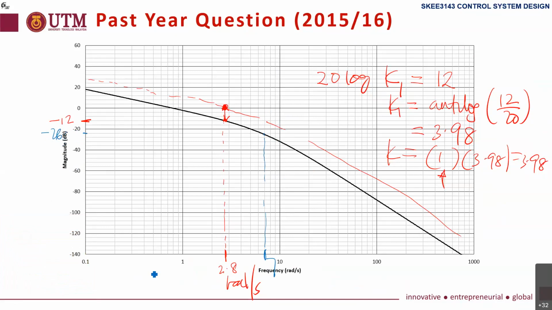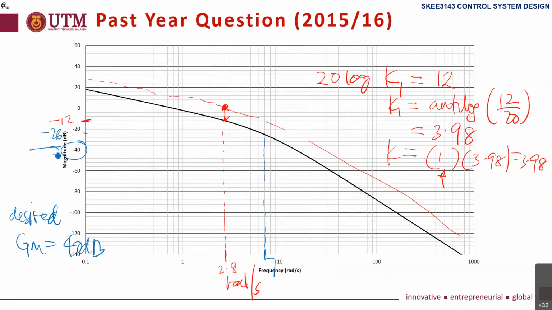We want to make the gain margin 40 dB. Desired gain margin 40 dB. How to do it? We can shift the magnitude up and down. In this case, we have to make sure it's going down because we want to make it 40 dB.